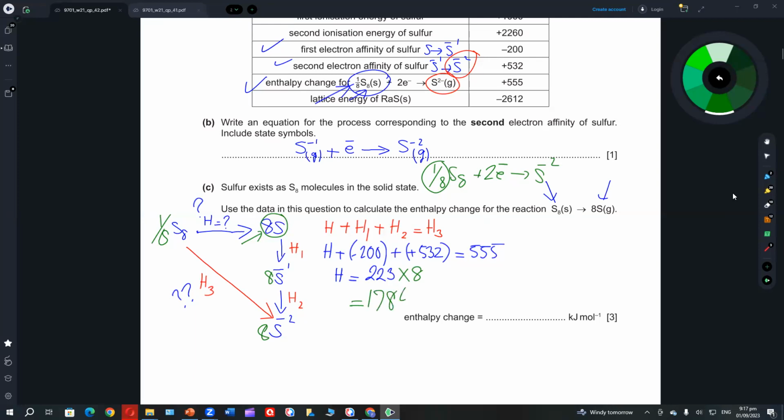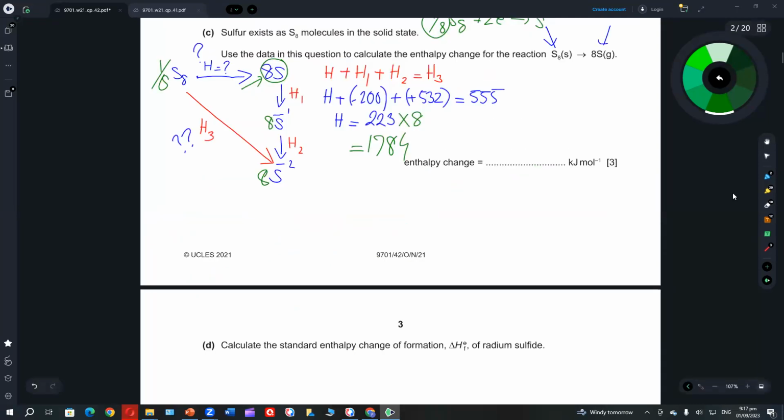If you want to copy anything from the screen, you can. Okay, thank you. The main thing is triangle. Calculate the standard enthalpy change of formation of radium sulfide.